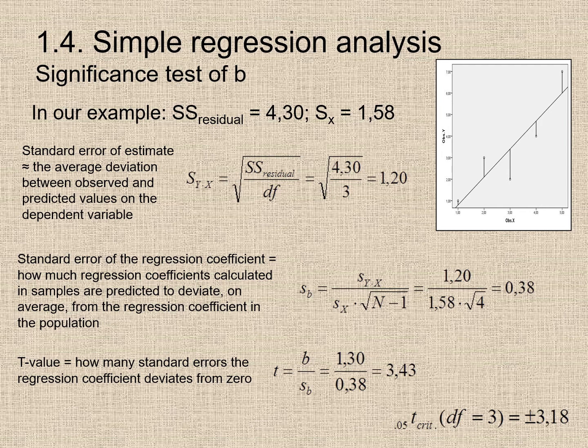Or the more general rule is number of individuals minus number of predictors minus 1. So in this case, 3 degrees of freedom. And here it says 3.2 would be the value we get from the t-table.